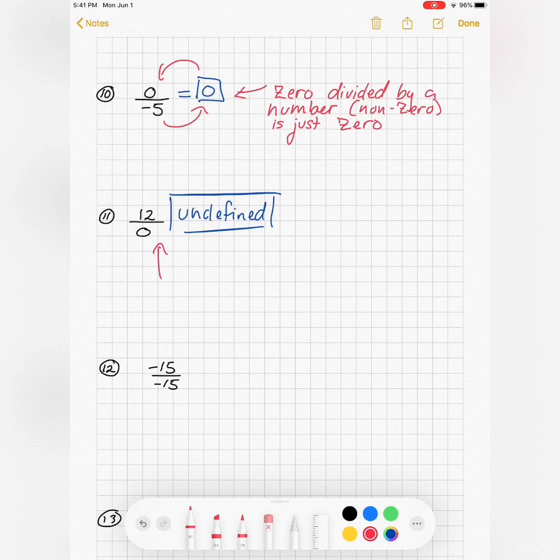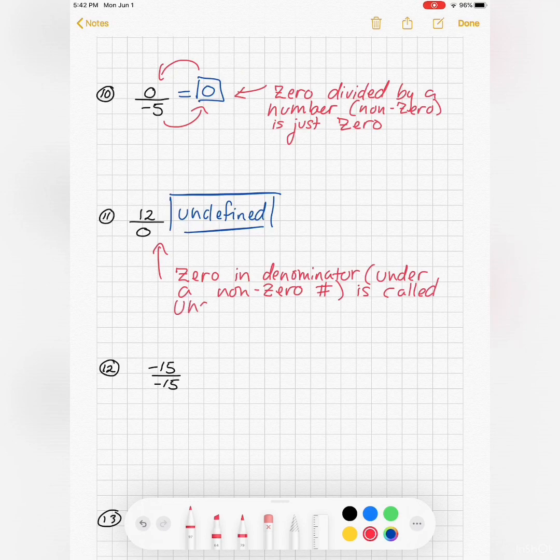Okay, so 0 in the denominator, under a non-zero number, is called undefined.